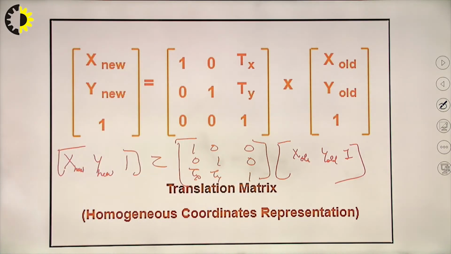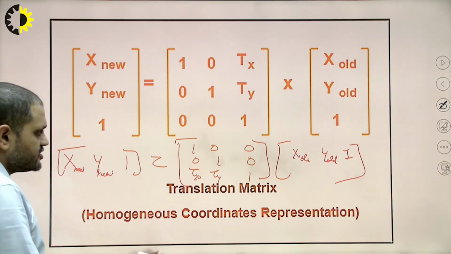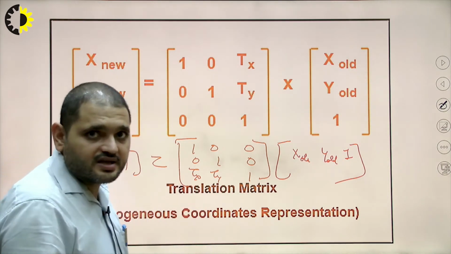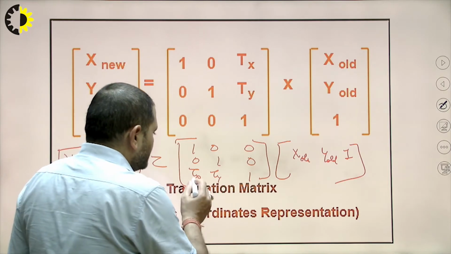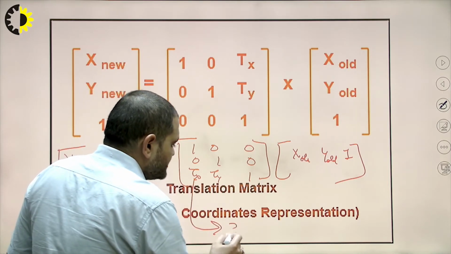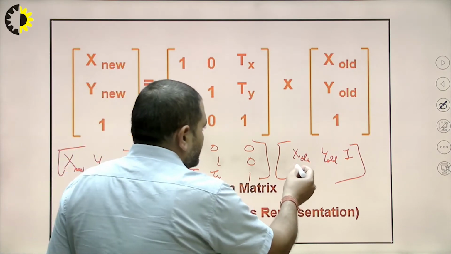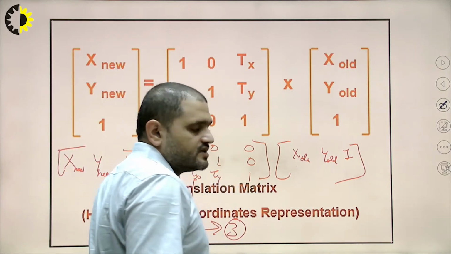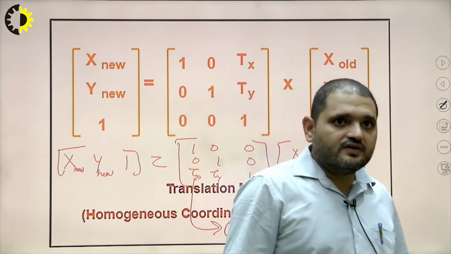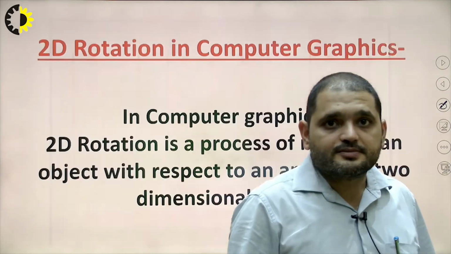So in the question, translation in the x direction is given, meaning tx value 3 is given, and we have the old coordinates, so we can easily find out the new coordinates.